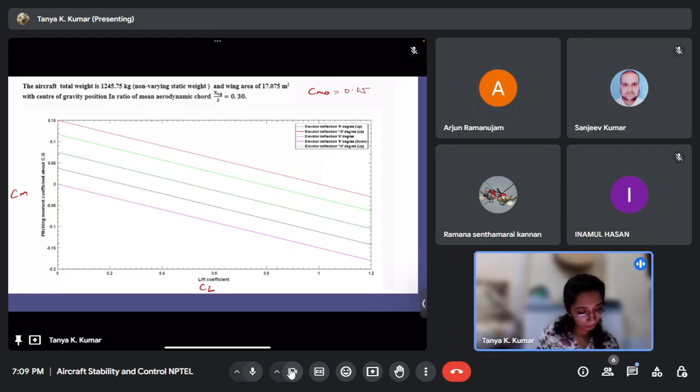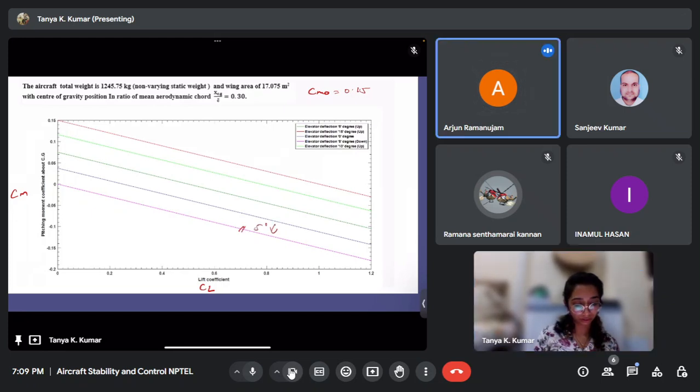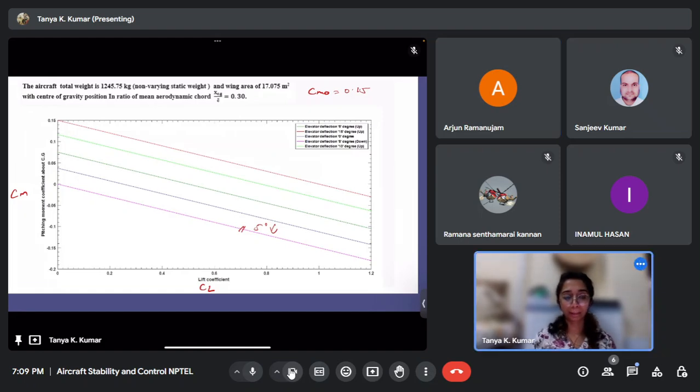Degrees down is magenta, right? This is 5 degrees down, right? I'm not sure, is this the line you were referring to?